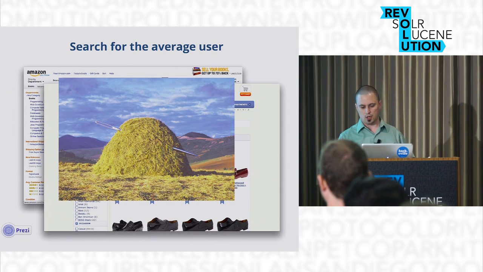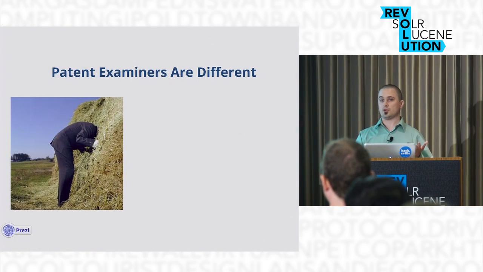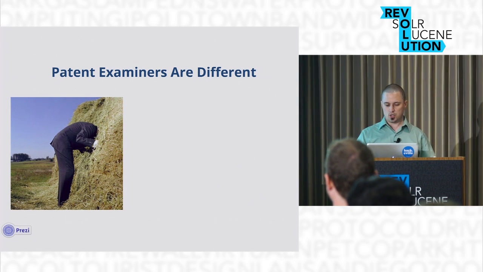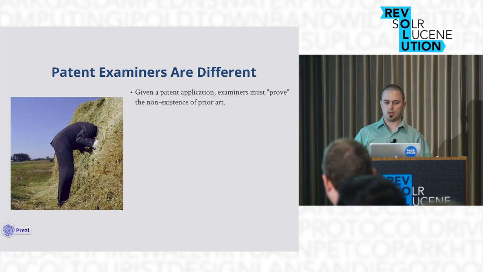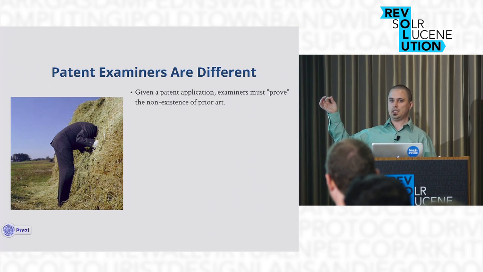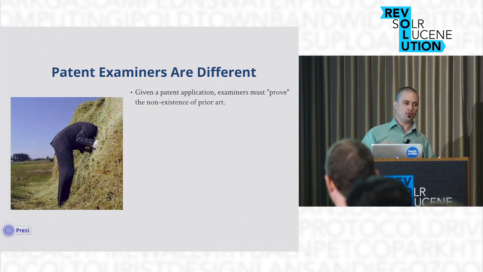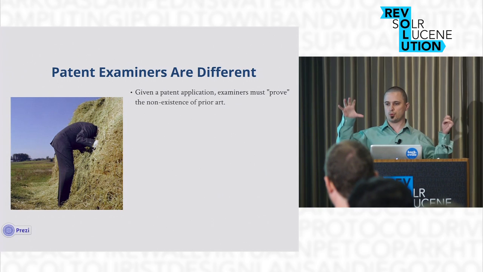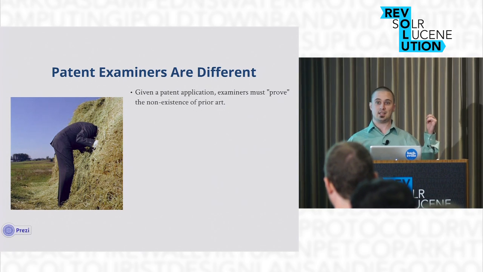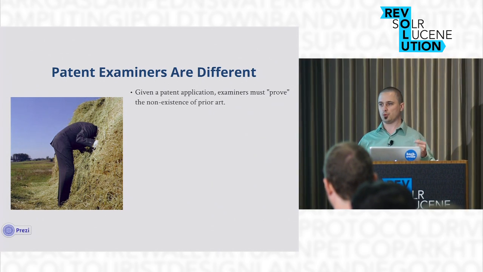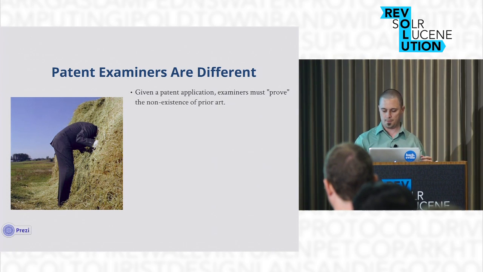Now, at the Patent Office, patent examiners are a little bit different. Rather than looking for something and then finding it and leaving, their goal is to prove, given a new application, that nothing exists in that data set. Basically prove that in this haystack there is no needle.